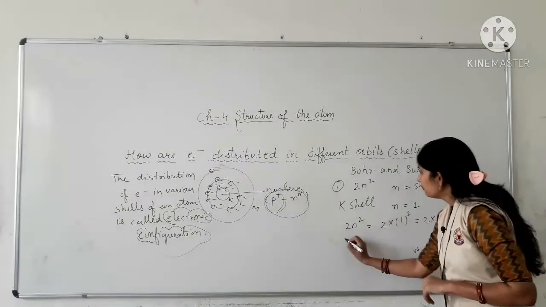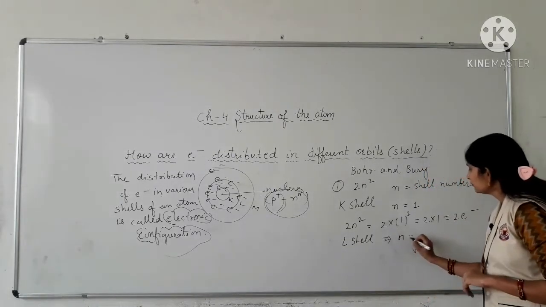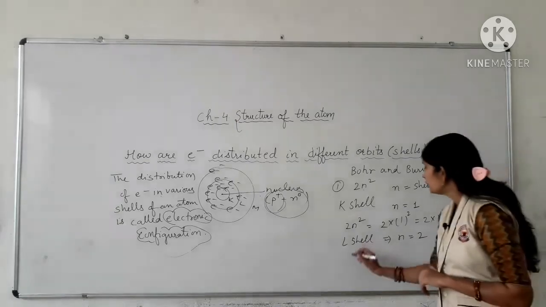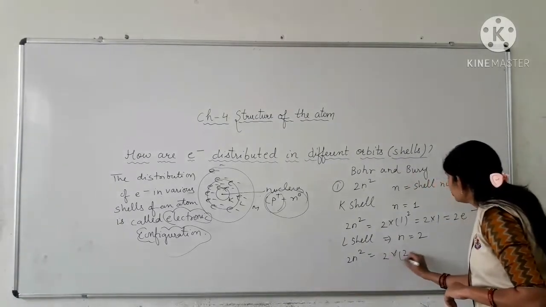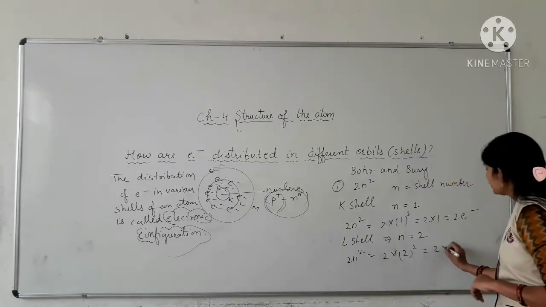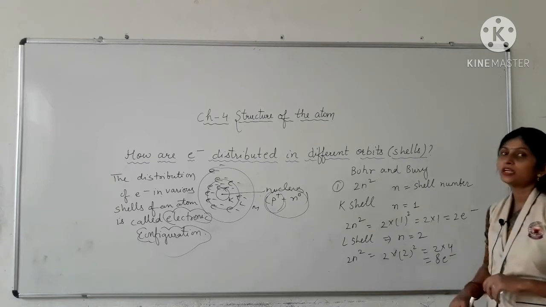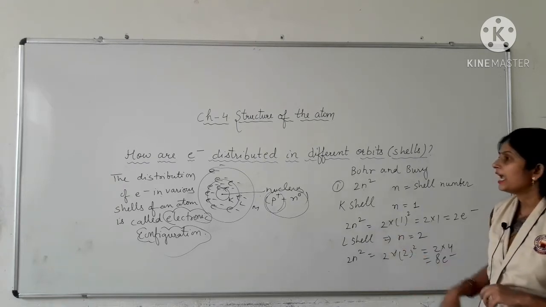Now for L shell, it is shell number 2, so its n value is 2. Apply formula 2n square: 2 into 2 square, 2 into 4, 8 electrons. So maximum 8 electrons can be accommodated in L shell.